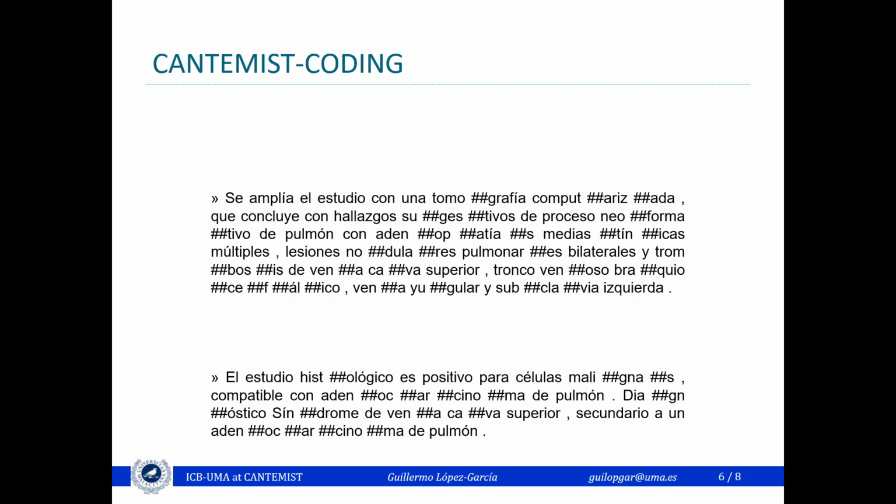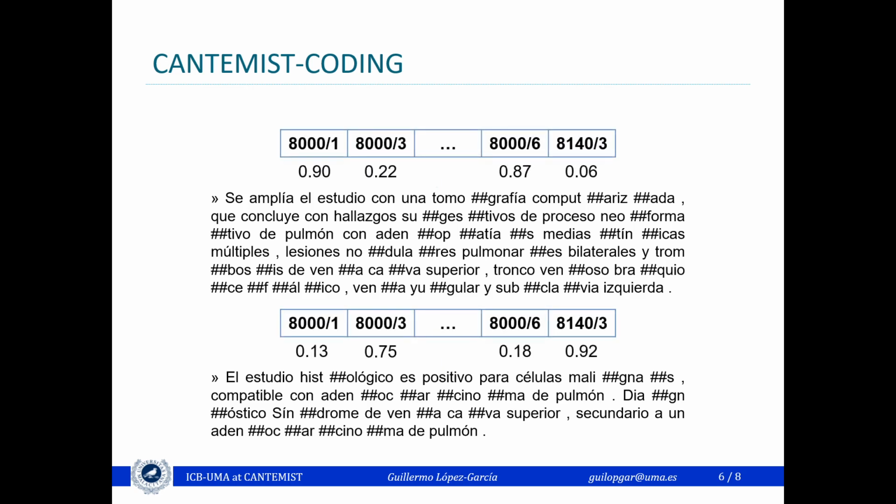Hence, at prediction time, given a text fragment as input data, the model produces the probability of each code to be present within the input fragment. However, the CANTEMIST coding task is a document classification problem, and the evaluation of the participating systems was performed at document level.